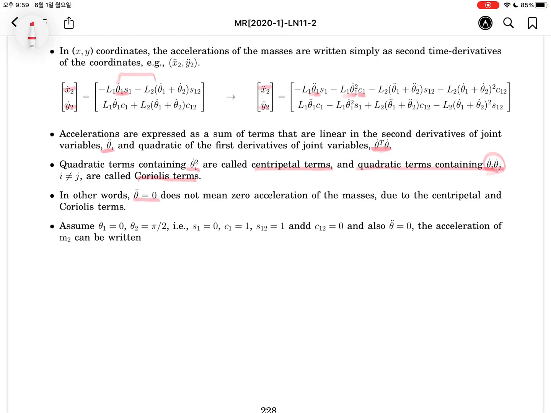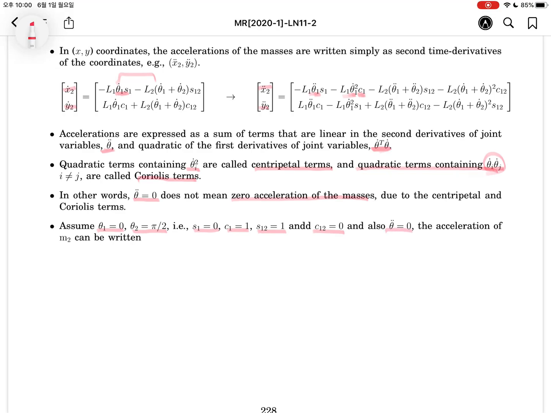One more thing: if you take zero angular acceleration, it does not mean zero acceleration of the mass, because centripetal and Coriolis terms exist. Let's assume that theta 1 is 0 and theta 2 is chosen as 90 degrees. At that time, sine theta 1 will be 0 and cosine theta 1 will be 1. Sine of theta 1 plus theta 2 will be 1, and cosine of theta 1 plus theta 2 is 0.